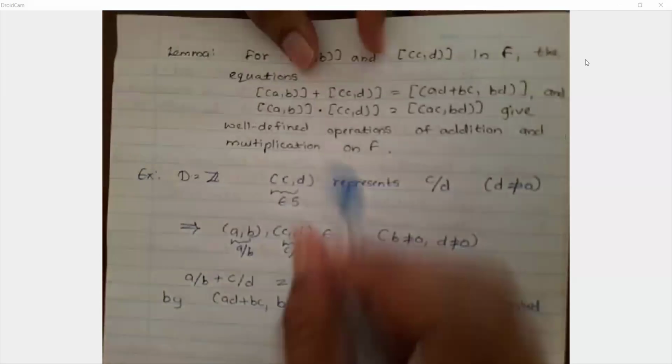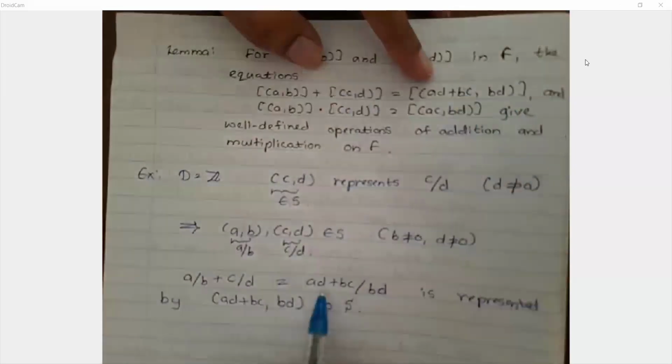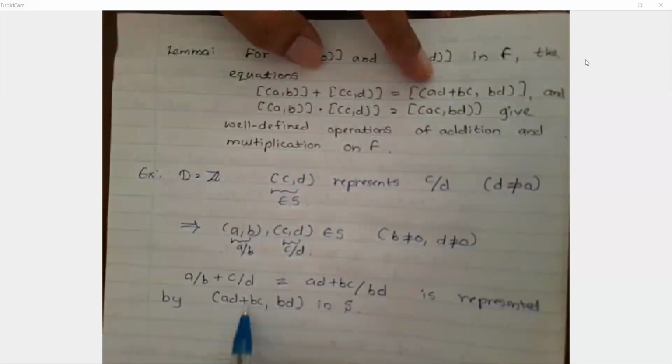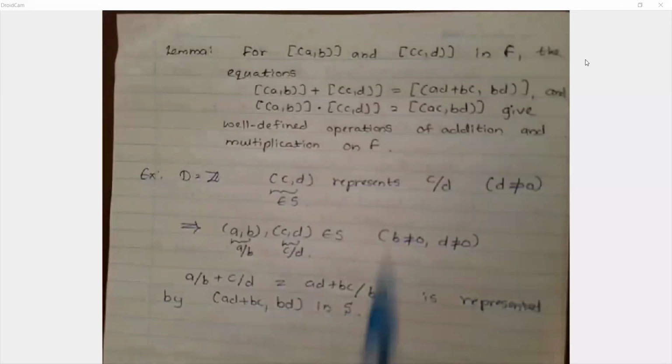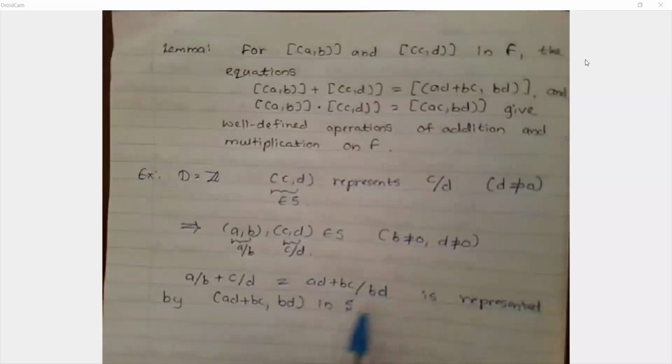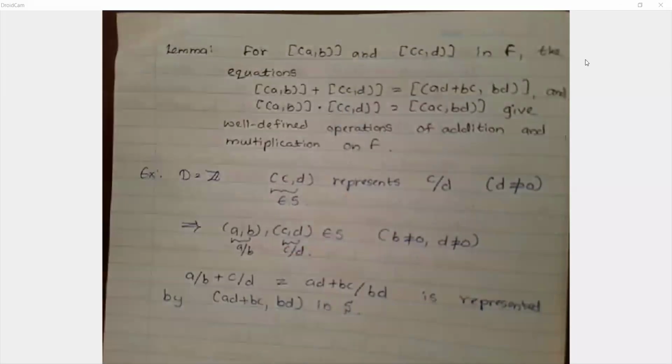You add these two, what you get is an element in S, which is the same that you see over here. So these pairs, you can always visualize as being a quotient A over B or C over D, whatever the pair that you pick. So when you add those two, the addition corresponds directly with this pair. So the addition is well defined. You can see it by this example.